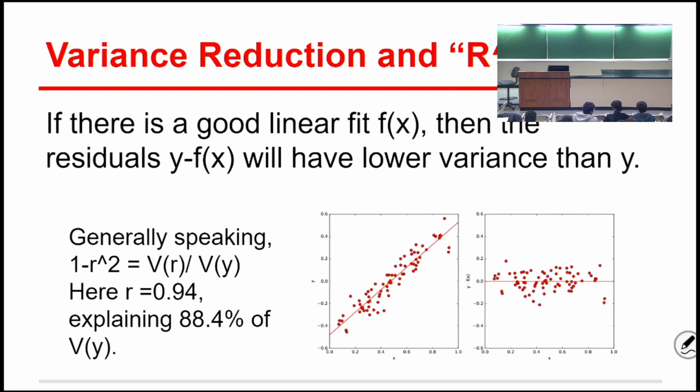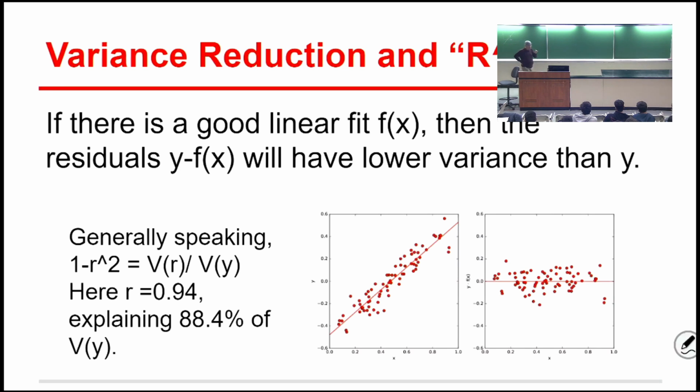Suppose this is my regression line, and suppose I have some point here. This is what the x is, this is what the y is. What is the residual? It's the difference between the value of my regression line for that x and the y value. This is the residual. Okay?